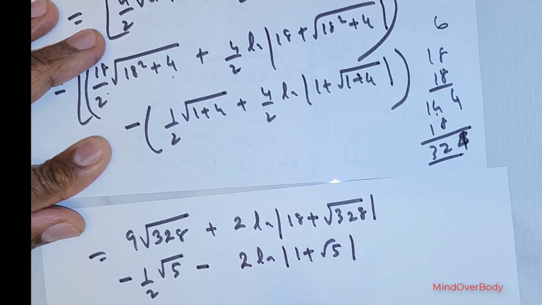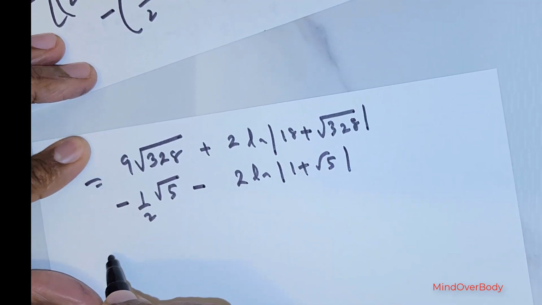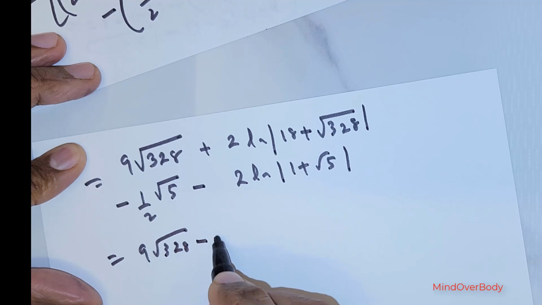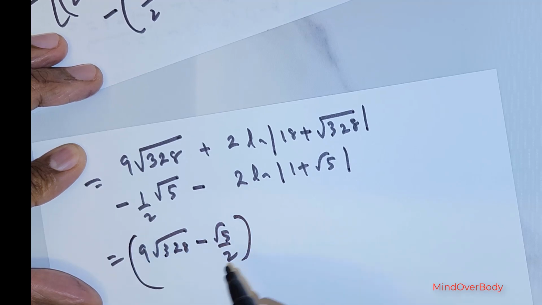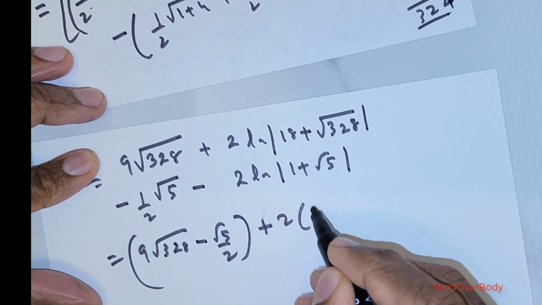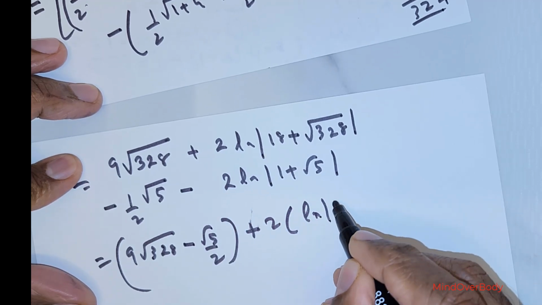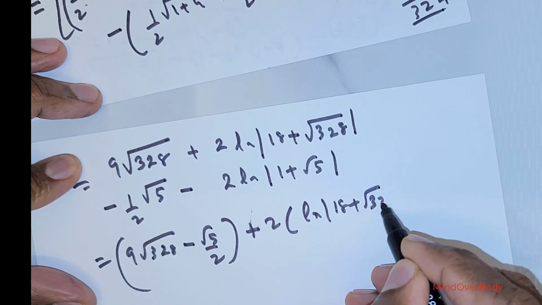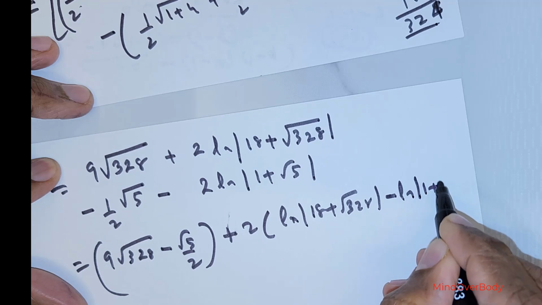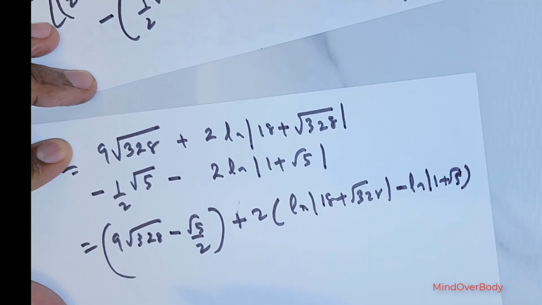So this is what we have got. Okay, so I can club this as 9 times the root of 328 negative root of 5 over 2 plus, I can take the 2 out, this is ln modulus of 18 plus root of 328 negative ln modulus of 1 plus root 5.